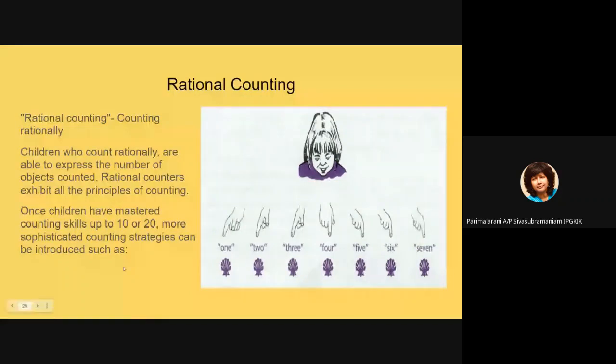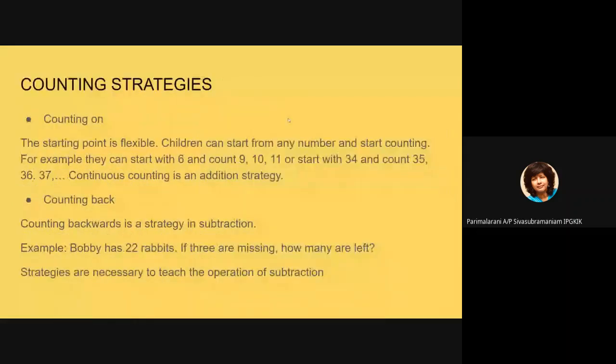So all children must become rational counters. It is the teacher's duty to observe the children in class when they are counting and to see at which level they are. If you notice that they are rote counters or point counters, then you must bring them to rational counters. Only then can they proceed with learning more sophisticated counting strategies.